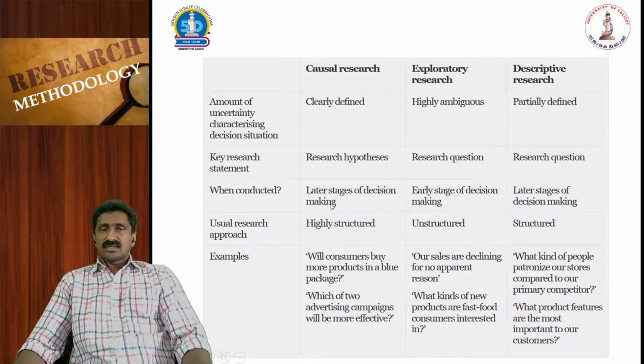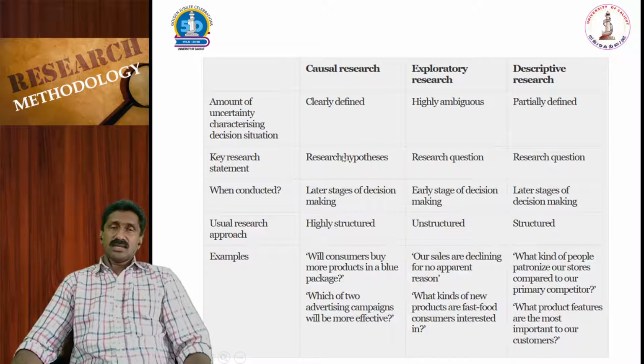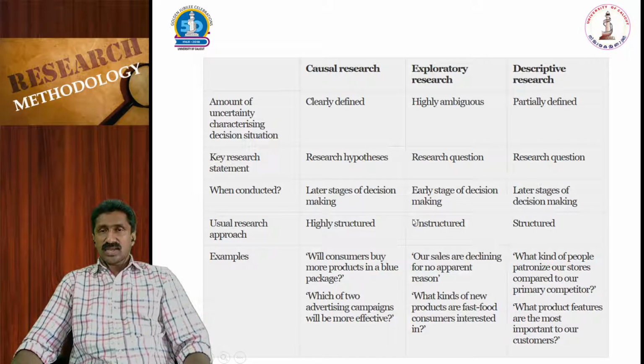Causal research is done at later stages of decision making, because we already have the basic knowledge and scientific background. So we can go to the final stage of decision making with a very clear hypothesis through causal research.